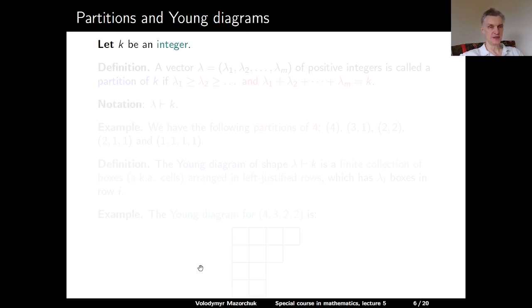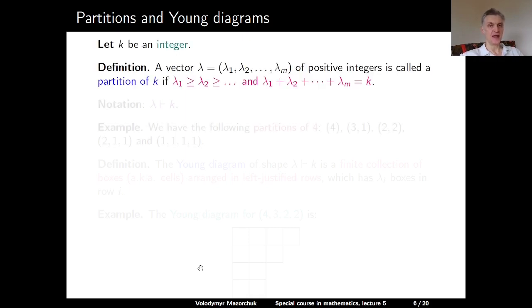So let k be an integer. Definition: a vector lambda consisting of lambda 1, lambda 2, and so on, lambda n, of positive integers is called a partition of k if it is weakly decreasing, so lambda 1 is greater than or equal to lambda 2 and so on, and the sum of all lambdas is equal to k.